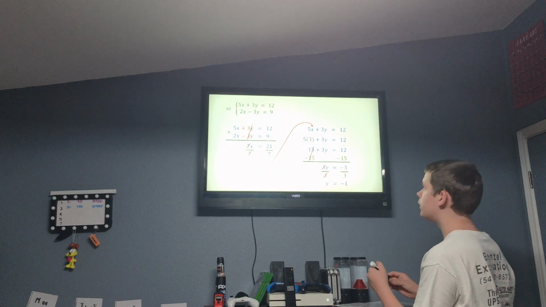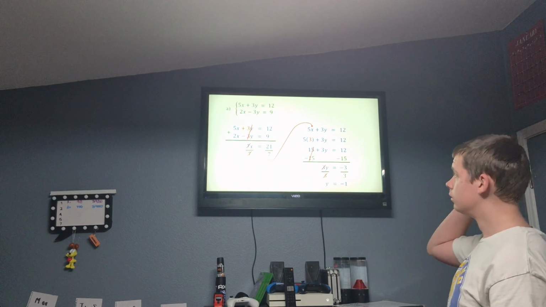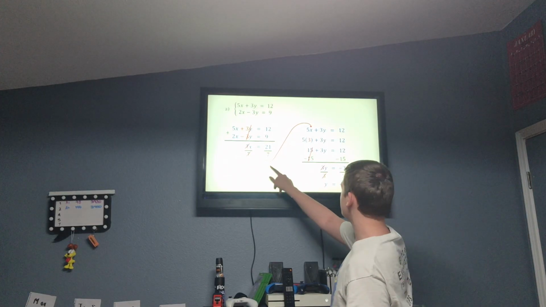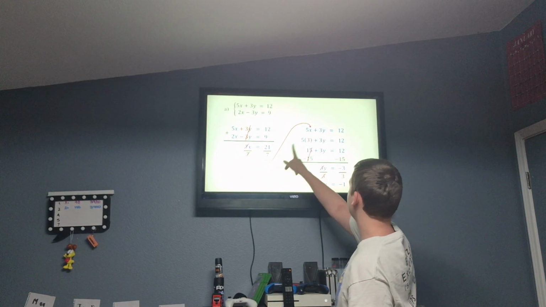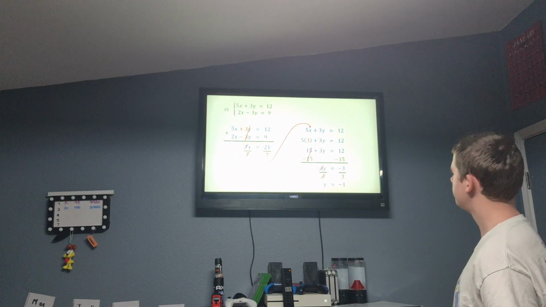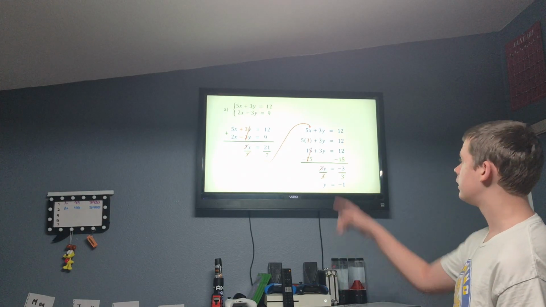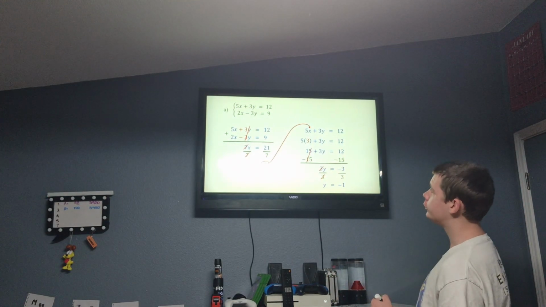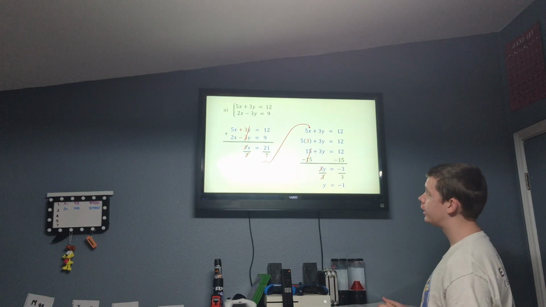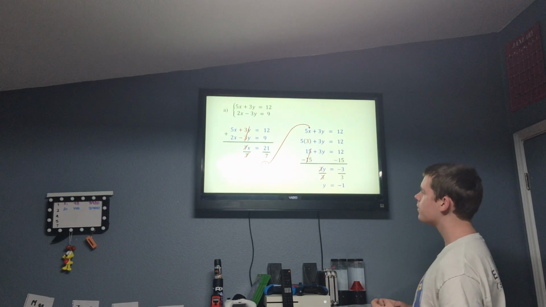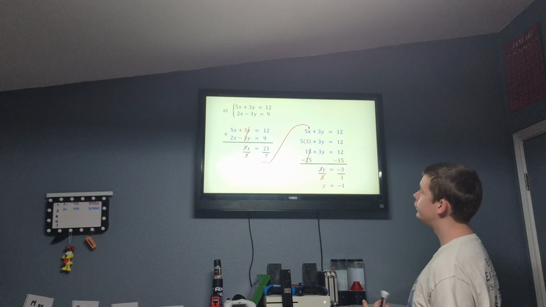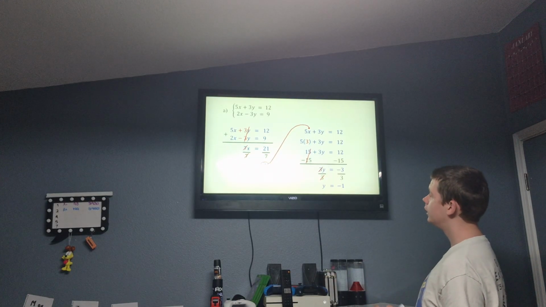So yeah, we will substitute the 3 for x. We have 5x plus 3y equals 12, plus 2x minus 3y equals 9. So we add those up. Now we have 7x equals 21.